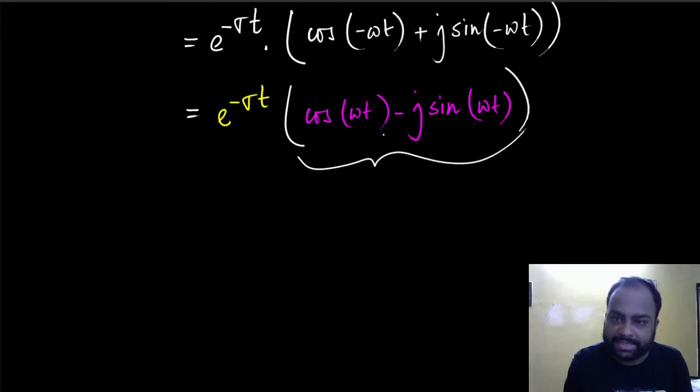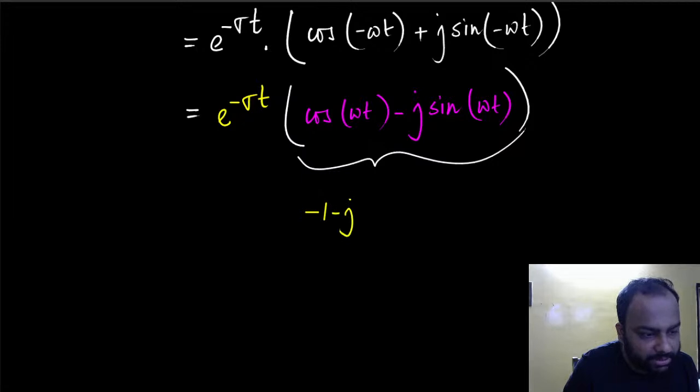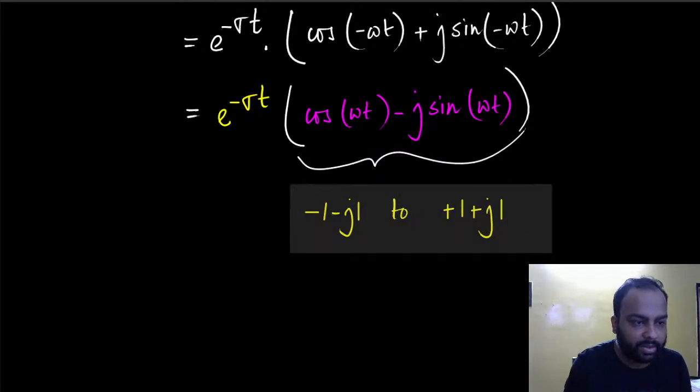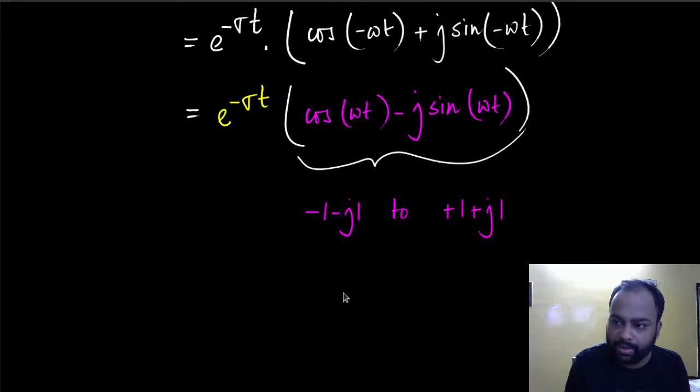So this is essentially a complex number that can vary from minus 1 minus j1 to plus 1 plus j1, right? So the real part can only vary between plus 1 and minus 1, and the imaginary part can also vary between plus 1 and minus 1, right? So this is the change that can happen here.